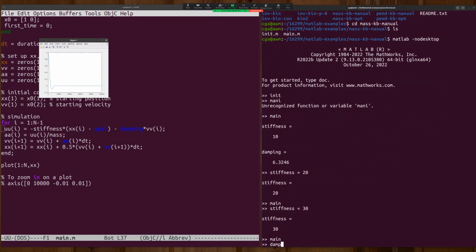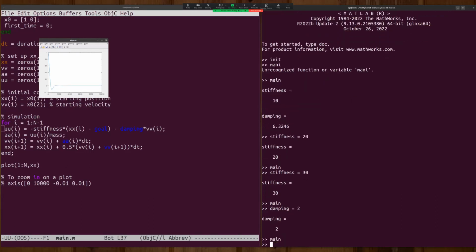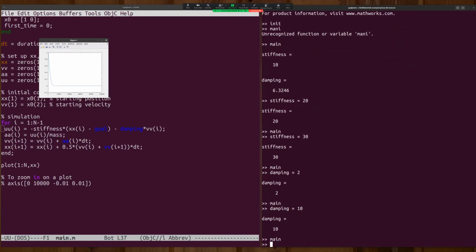And if I reduce the damping, I jiggle. So I can manually search for the right value of damping to get rid of all those jiggles. I'm going to guess 10. And that looks pretty good. I'm a very good guesser.